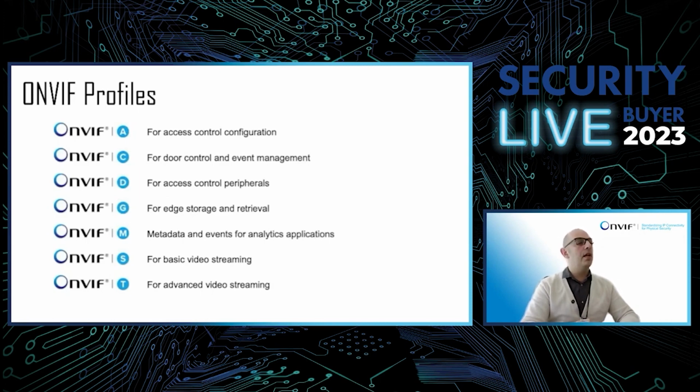So compared to a profile, an add-on can be versioned. So for instance, if an ONVIF add-on specifies a specific technology that evolves over time, the add-on can be versioned from version 1 to version 2, etc. That brings additional flexibility and development speed to ONVIF specifications.